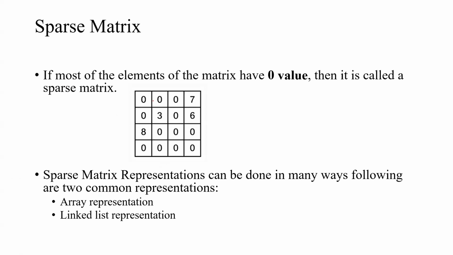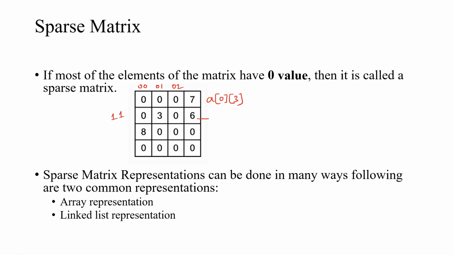In this example, you can see the value 7 is A of 0, 3. This is 0, 0, 0, 1, 0, 2, and the last one is 0, 3. And this 3 is present at index 1, 1, because this is 1, 0, and this is 1, 1.